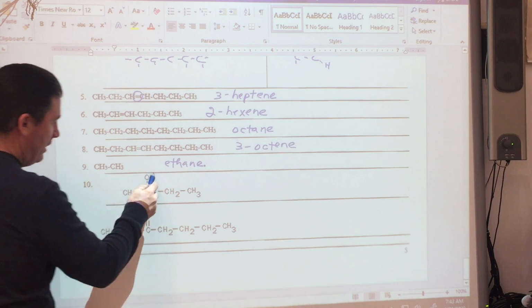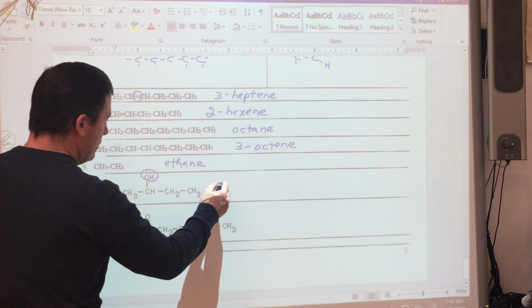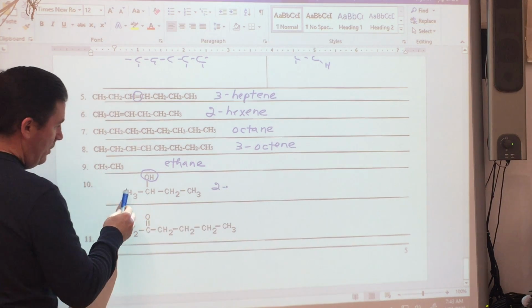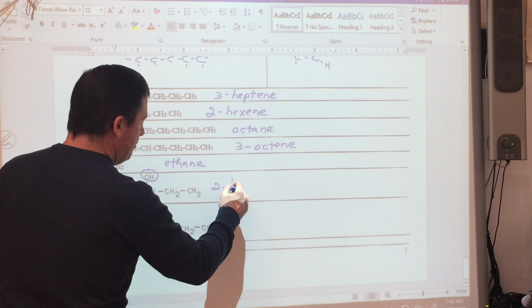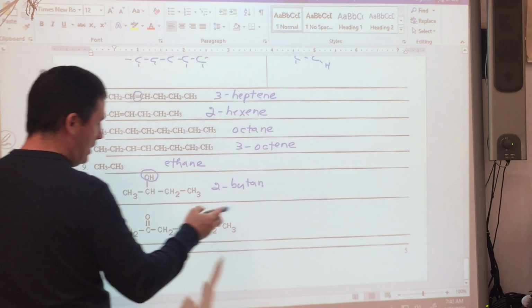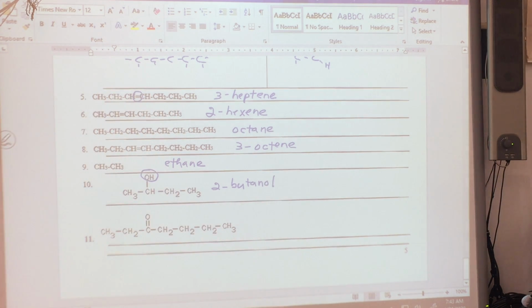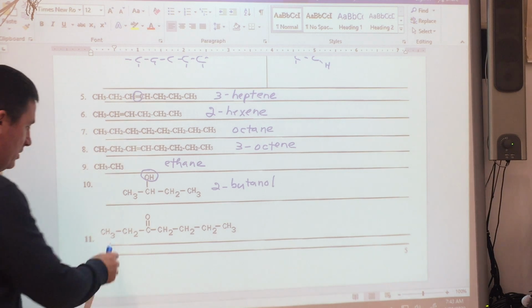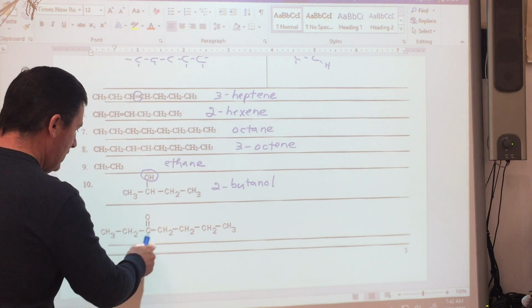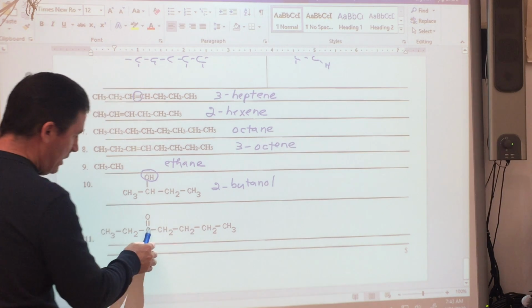Here's a different one. We've got a hydroxyl group here. It's on the 2nd carbon. So this is 2. And 1, 2, 3, 4. That's butane, B-U-T-A-N. And remember that the OH tells me that it is going to end with OL because it is an alcohol. 2-butanol. And the last one here is, ooh, I've got a ketone here. So this is going to be my lower number.